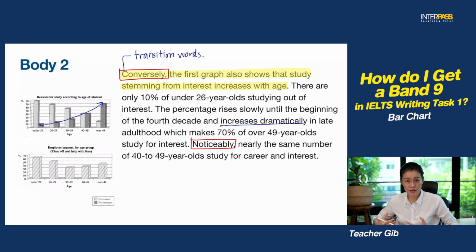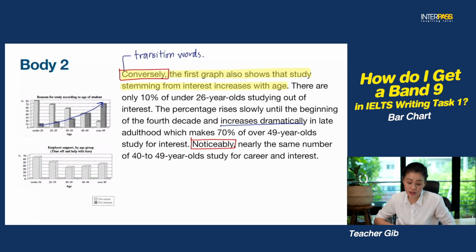For example, if the word conversely is there, you will know that it is opposite to the information that was given before. And if the transition word is noticeably, it means you have to pay special attention to whatever follows because it's very important that you notice it.